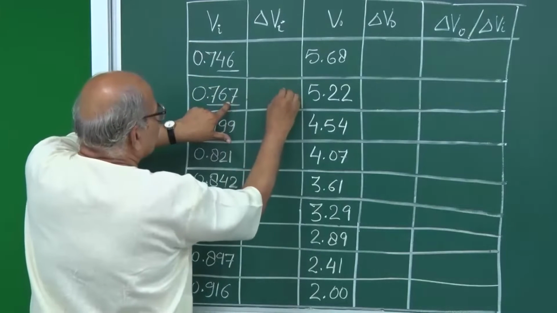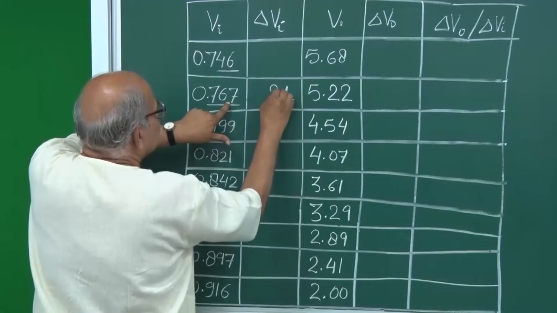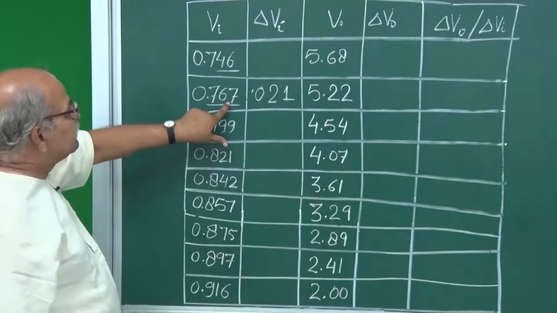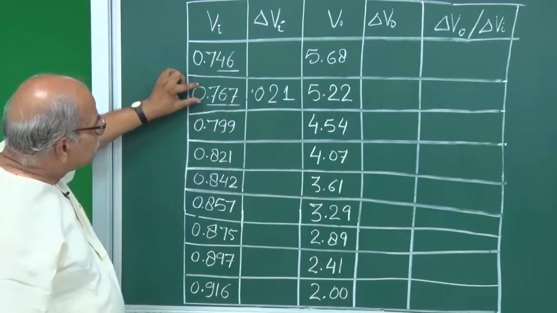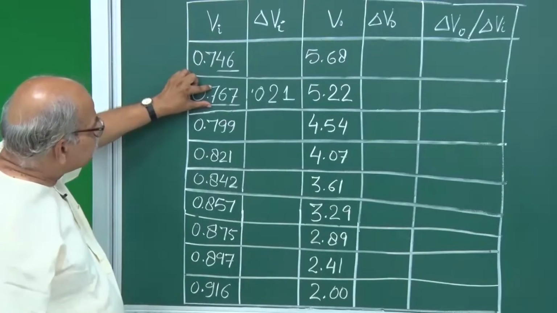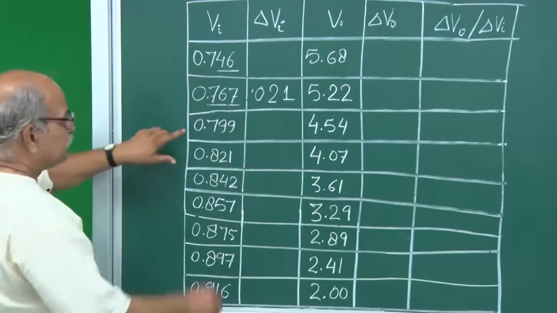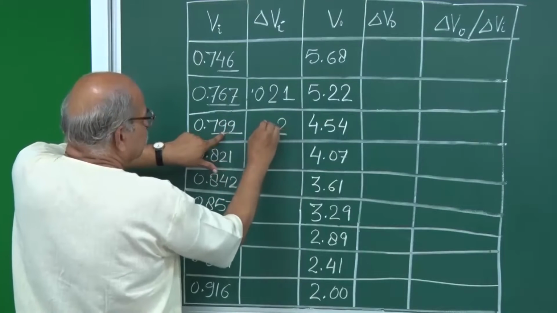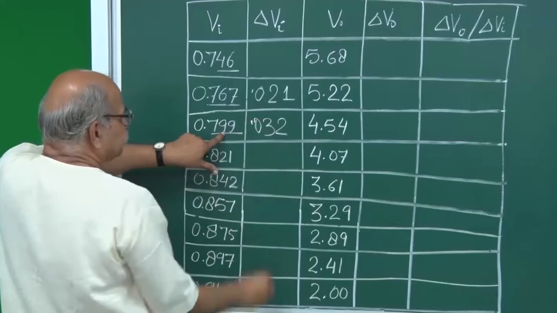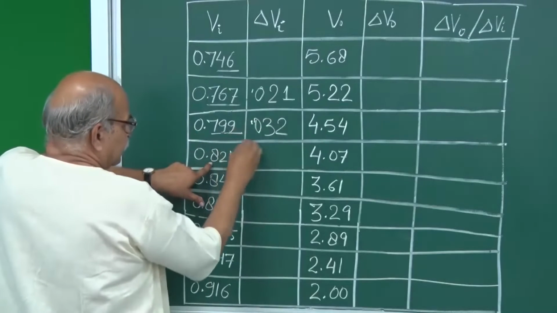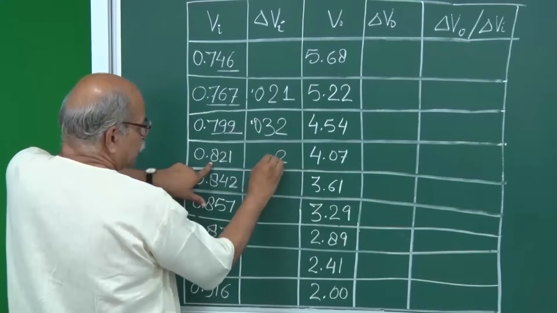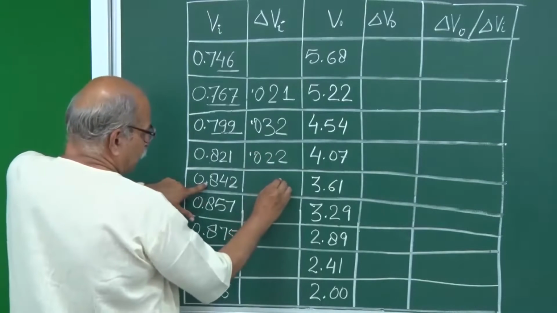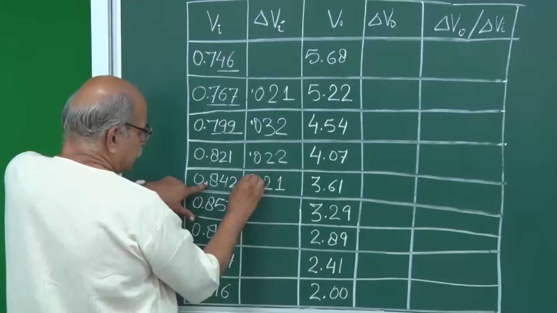I have increased this Vi by how much amount? This is 1 here and 2 here and 0 here. I have subtracted this from this, right. Similarly, if I go here, 2 here, 3 here, 0 here. Then 2 here and 0 here. Then 1 here, 2 here, 0 here.